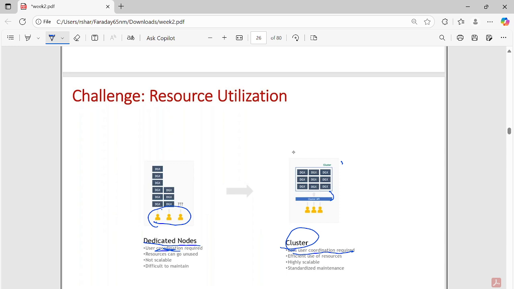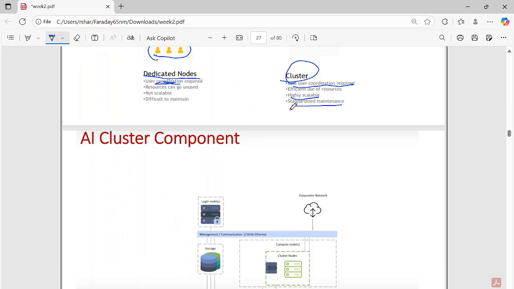Say we need a certain number of cores, and based on that it will be allotted. So it is highly scalable, and it is standardized for maintenance.